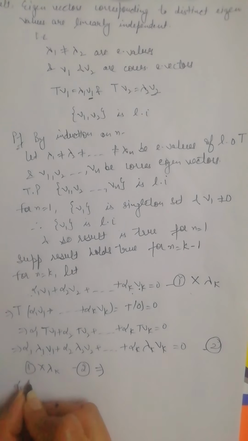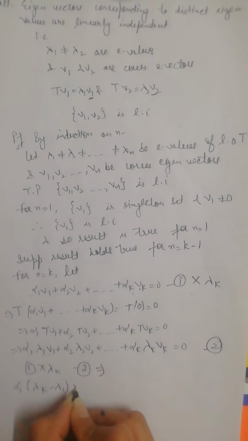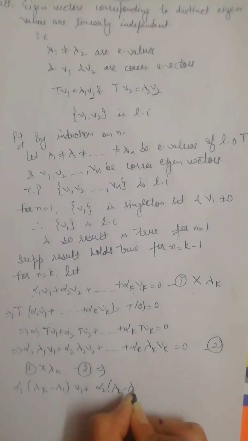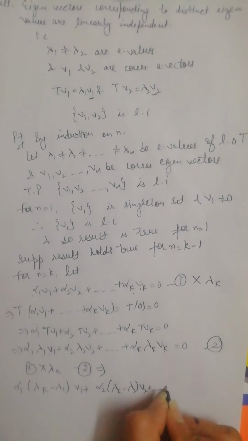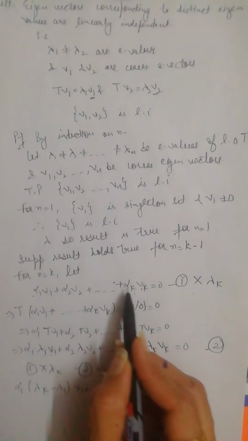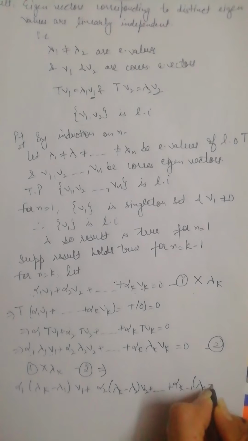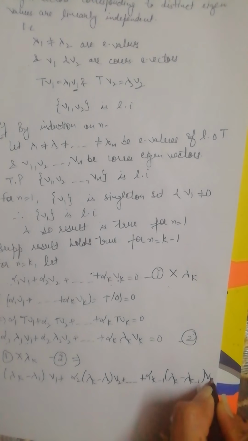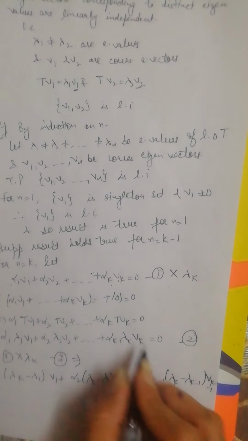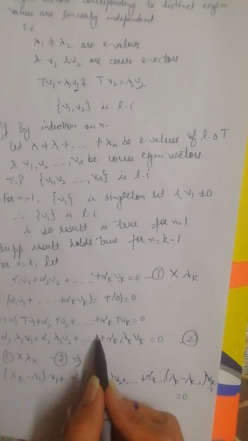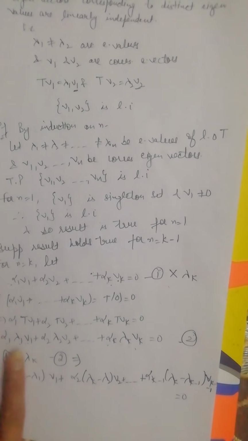So alpha 1 into (lambda k minus lambda 1) v1 plus alpha 2 into (lambda k minus lambda 2) v2 plus so on up to the (k minus 1)th term, alpha k minus 1 (lambda k minus lambda k minus 1) v k minus 1, is equal to 0, because the last term alpha k lambda k vk will be cancelled.